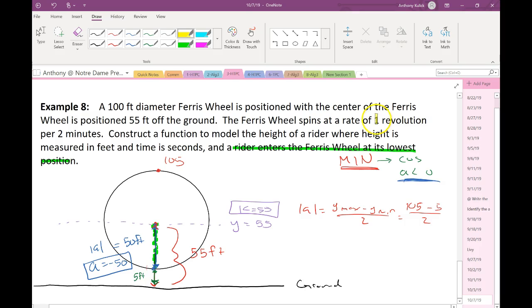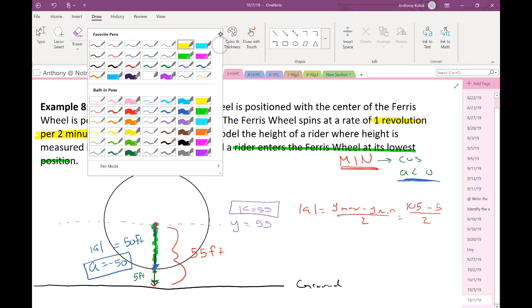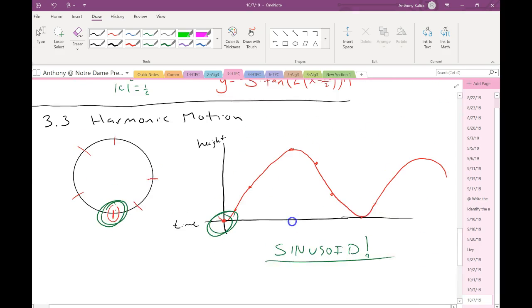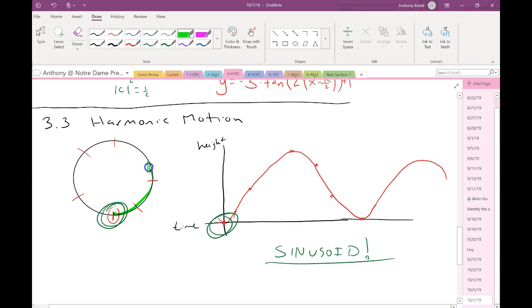The part that's going to give me the period is going to be this. Because if we go back and look at our previous picture, we did 1 revolution, and what did we get out of that? 1 period. You guys agree with that?